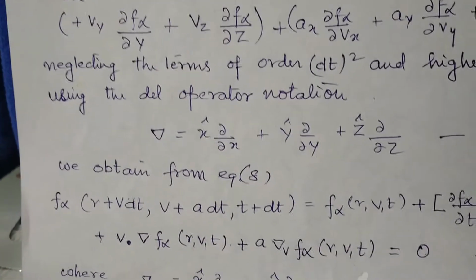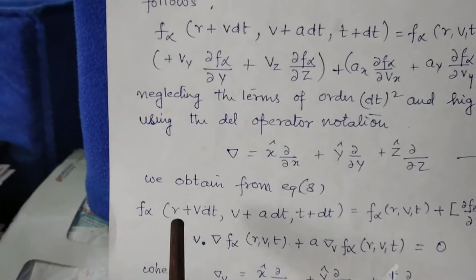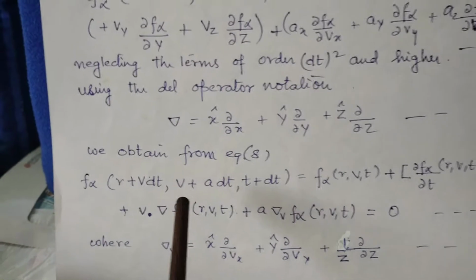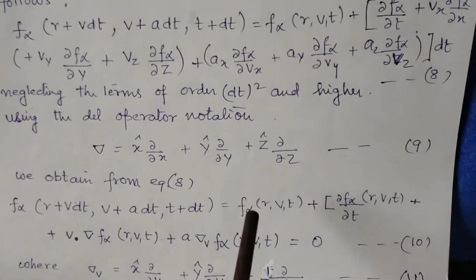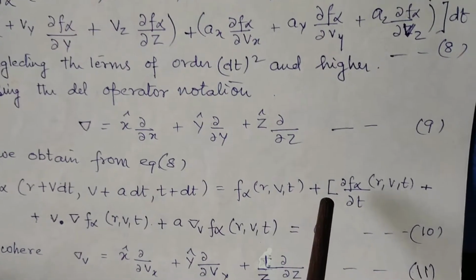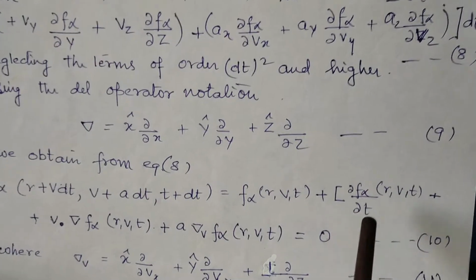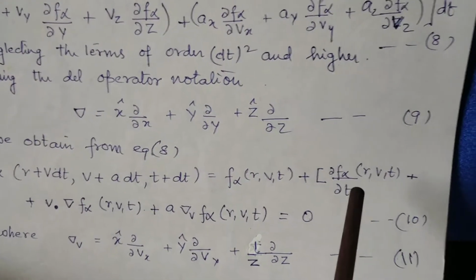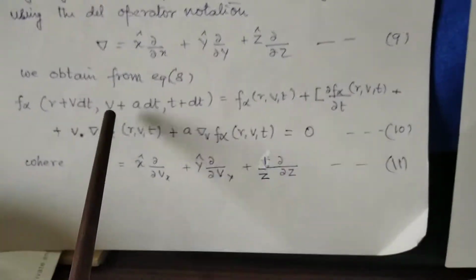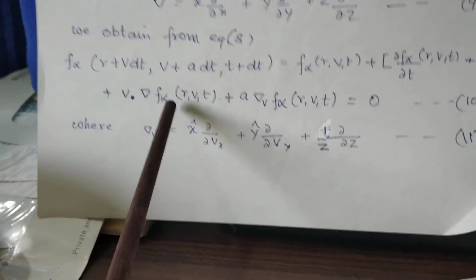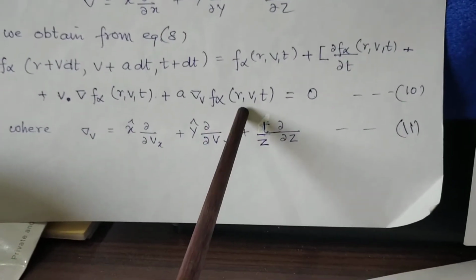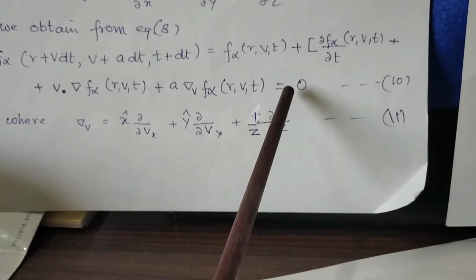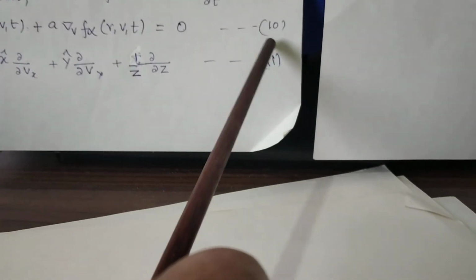Now we obtain from equation 8 that f_α(r + v dt, v + a dt, t + dt) is equal to f_α(r, v, t) plus within brackets ∂f_α/∂t plus v dot del f_α(r, v, t) plus a del_v f_α(r, v, t), which is equal to 0. This is equation number 10.